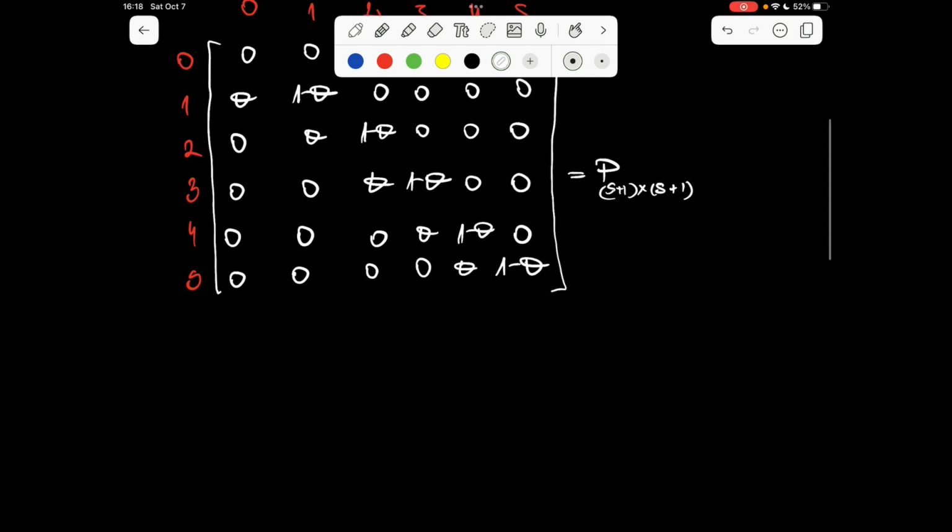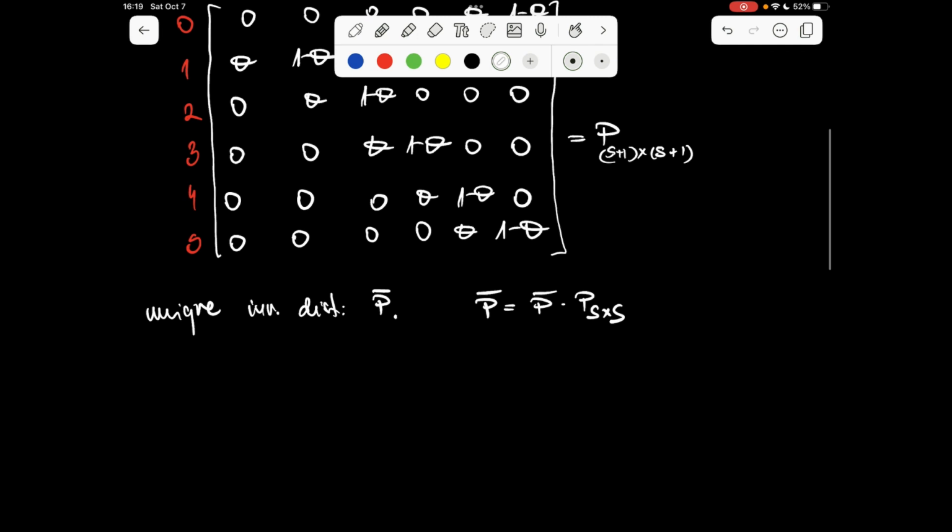If we have a unique invariant distribution, let's label it as P upper bar. To this unique invariant distribution, it applies that this is true.